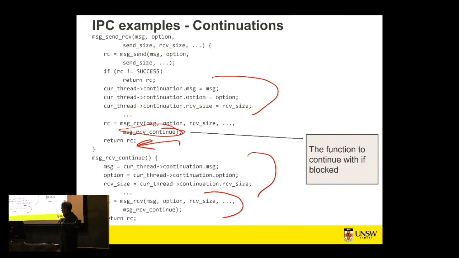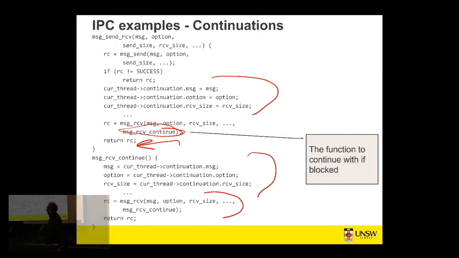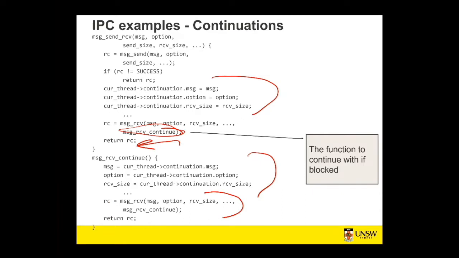So what we've done now is we've freed the rest of the framework of execution from needing to preserve the stack for this particular function. If we block inside message receive, the underlying blocking primitive can throw away the stack and accept the next system call into the operating system, which might be the send that's providing this message.